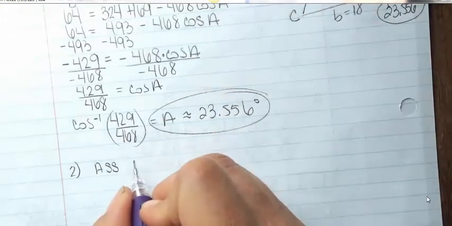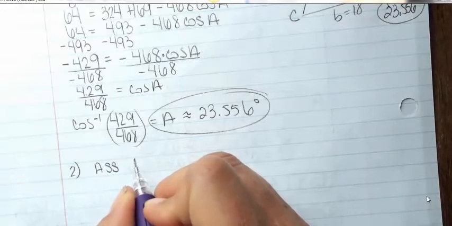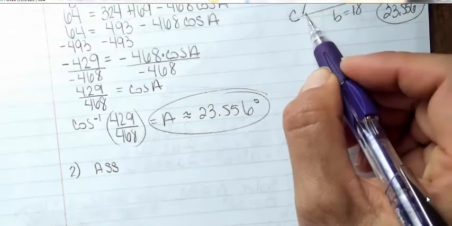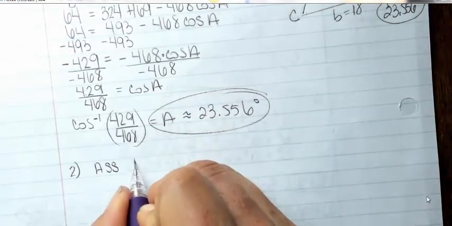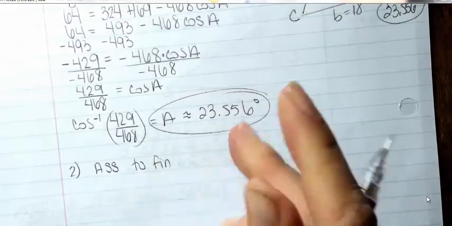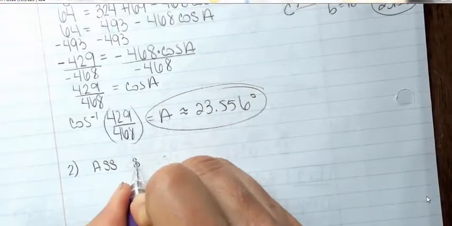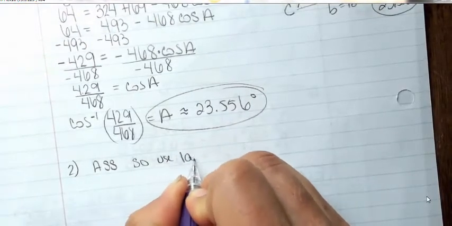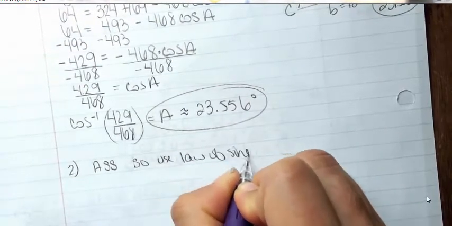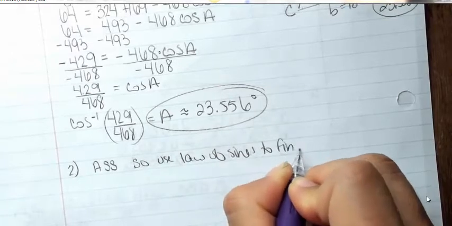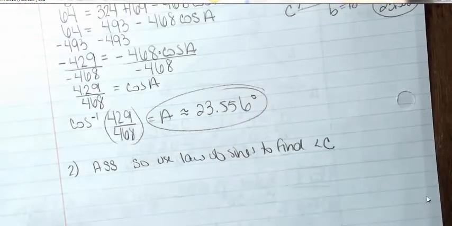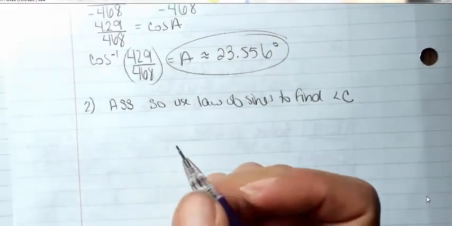So now I can use law of sines to find the next smaller angle, which is going to be C. So use law of sines to find angle C.